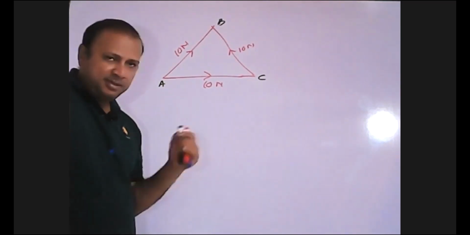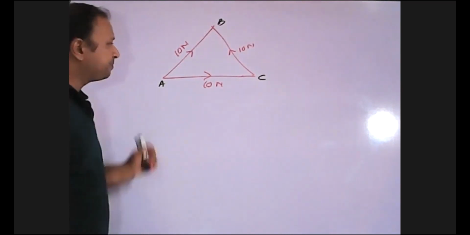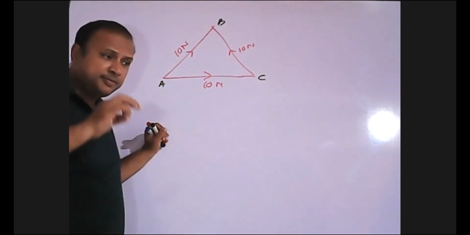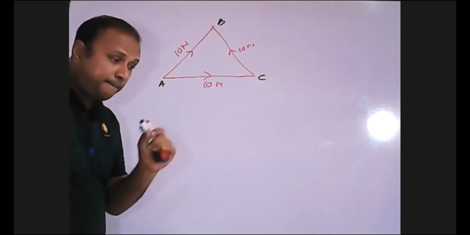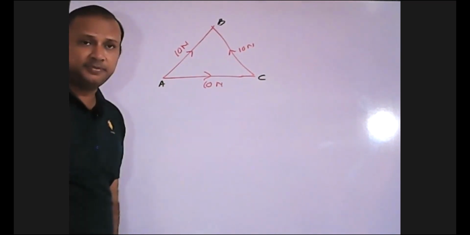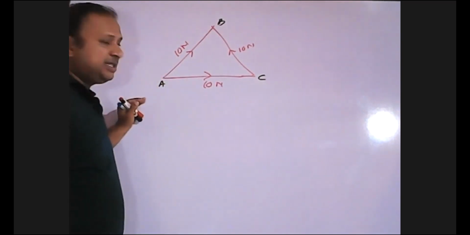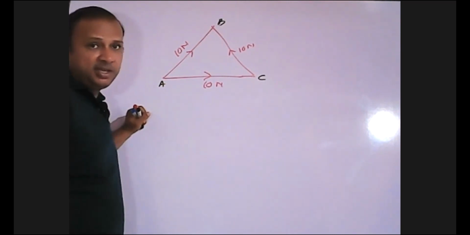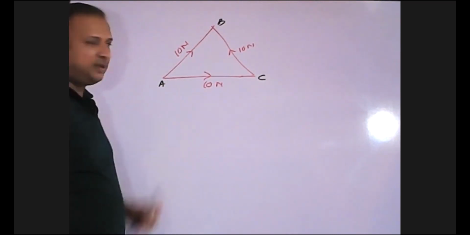Then we have to go for the resolution method, because the vector system is not represented in both magnitude and direction. But in this case, it says the vector system is given in magnitude and direction. Then we can apply the vector addition theorem.